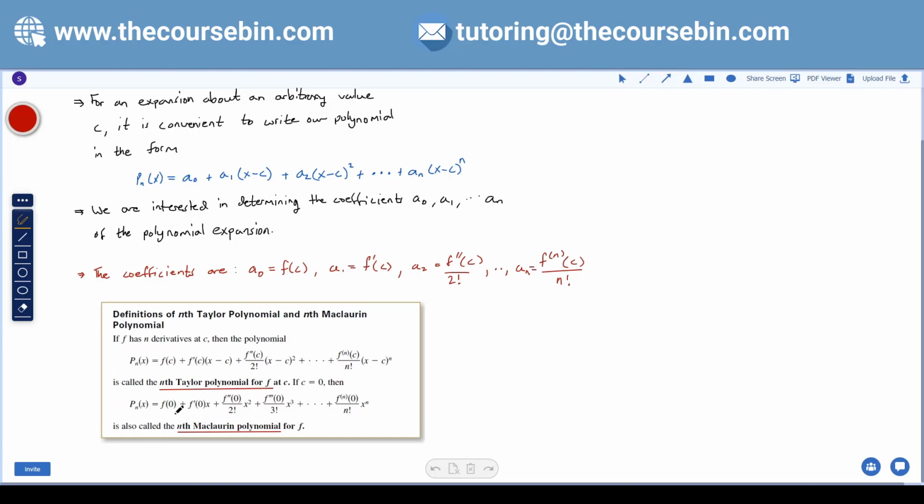Okay, so the Maclaurin polynomial is a special case. We'll write it here. We'll say special case of Taylor for when c equals 0.